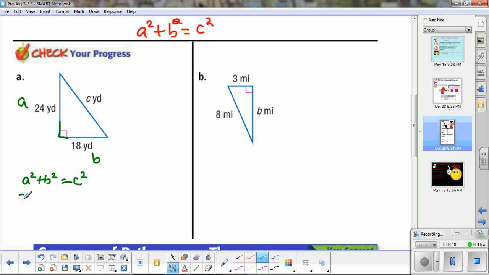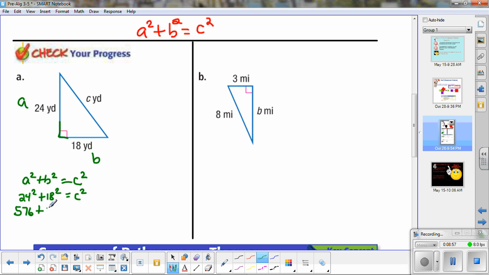A is 24, so 24 squared plus 18 squared equals C squared. 24 squared is 24 times 24, which is 576, plus 18 squared, which is 18 times 18.